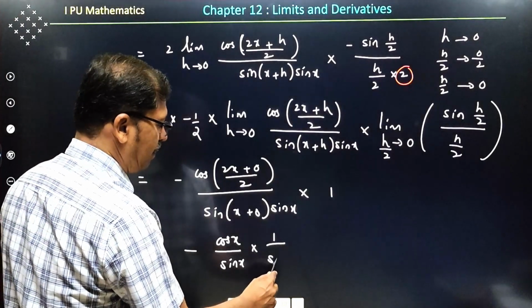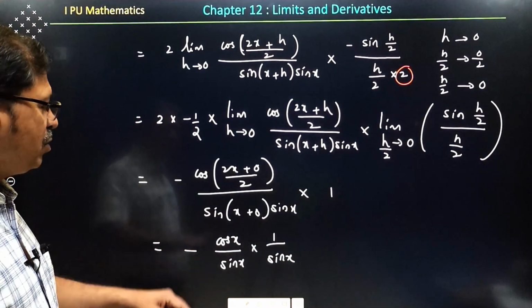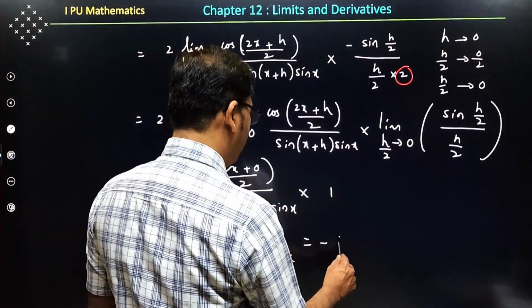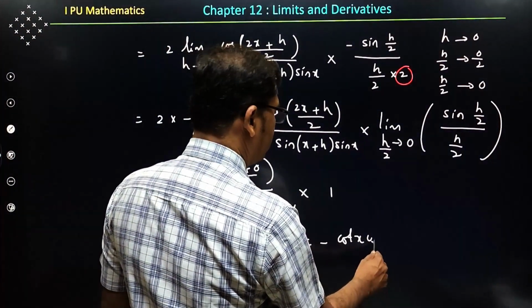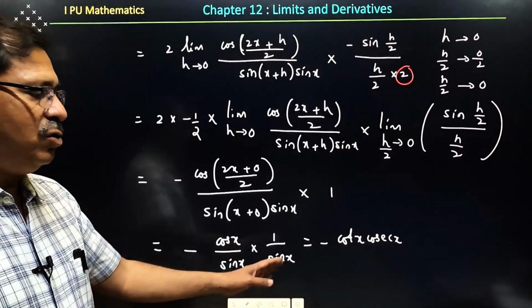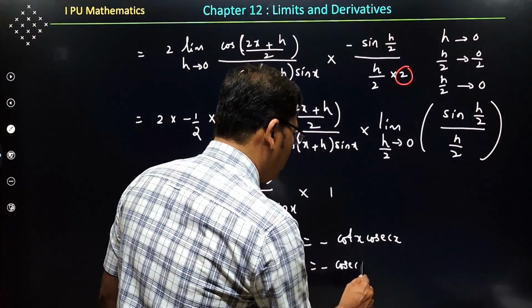Cos x divided by sin x is cot x, 1 upon sin x is cosec x. So this is equal to minus cot x into cosec x. This is the required final answer, minus cot x into cosec x, or you may write this as minus cosec x into cot x.